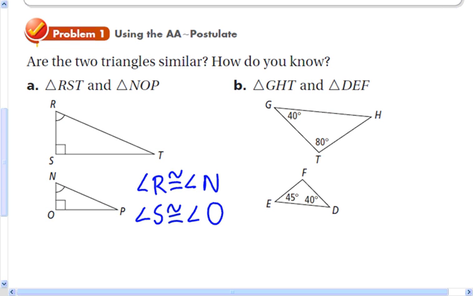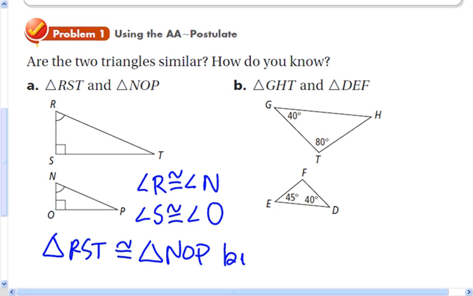So we have 2 angles that are congruent. That's enough to know that triangle RST is similar to triangle NOP, and we're going to say by angle-angle similarity.